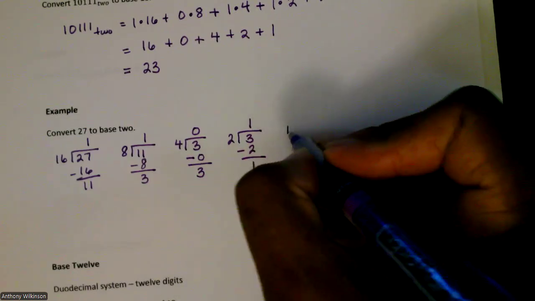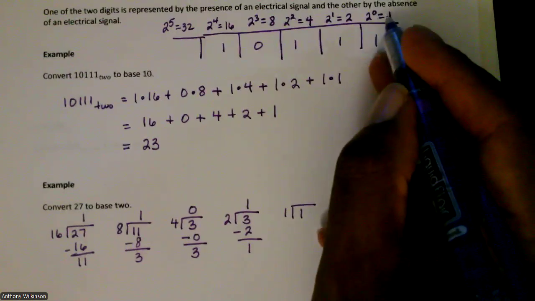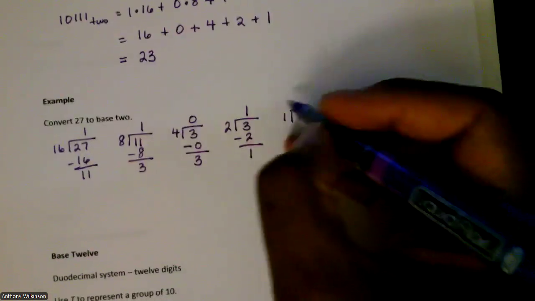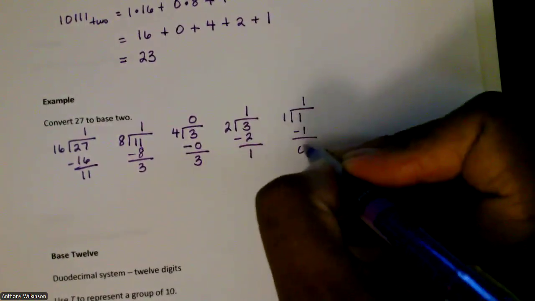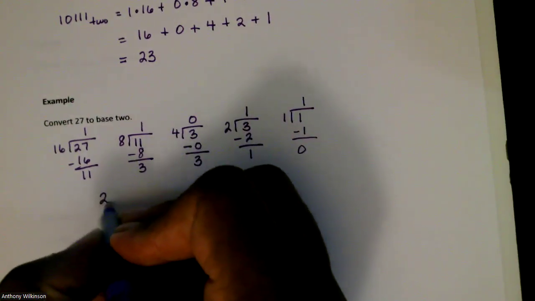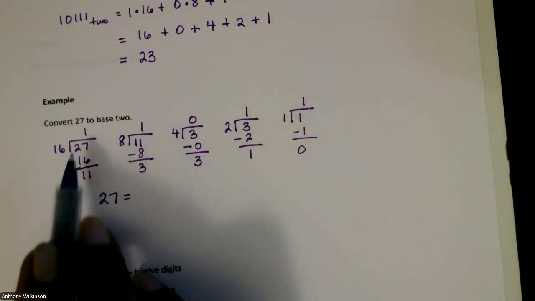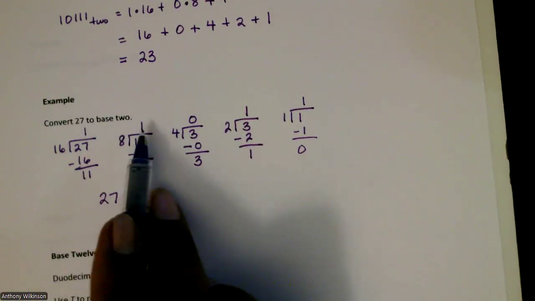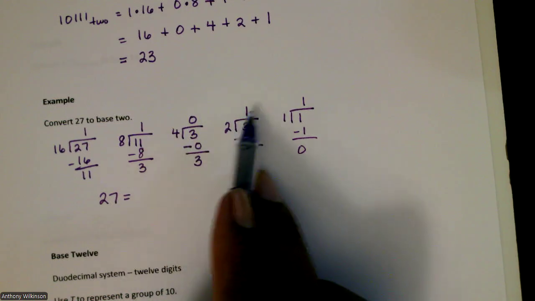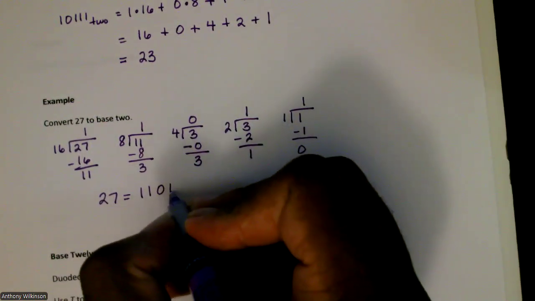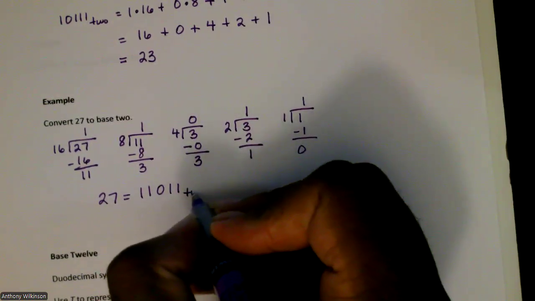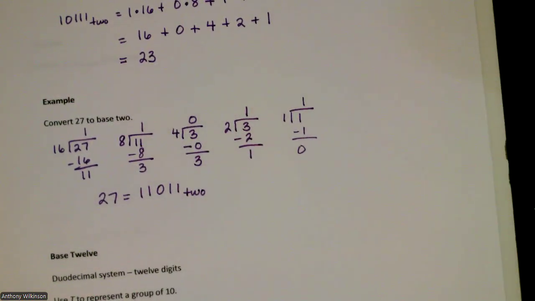And then finally, the 1 is the last one here, or 2 to the 0, which is 1. So 1 goes into itself 1 time, with nothing left over. So that means that 27 is going to be these numbers here: 1, 1, 0, 1, 1, with a base of 2.